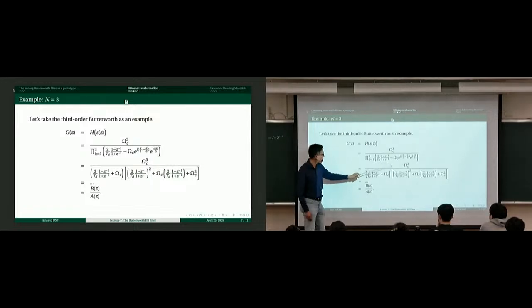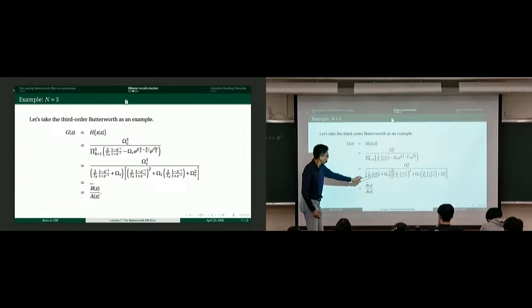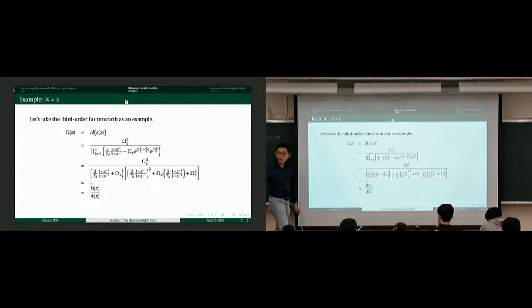That's the only place in this formula. But when we expand the three terms, now you have 1, 2, and 3. This is a second order polynomial, and this is simply s plus its first pole, that's where the one pole is located.